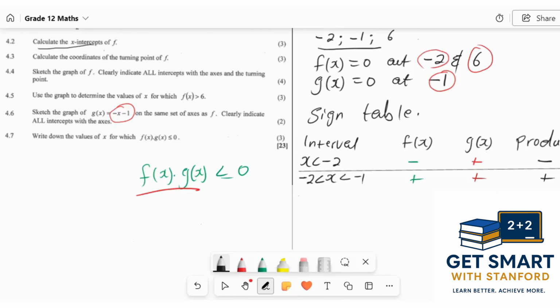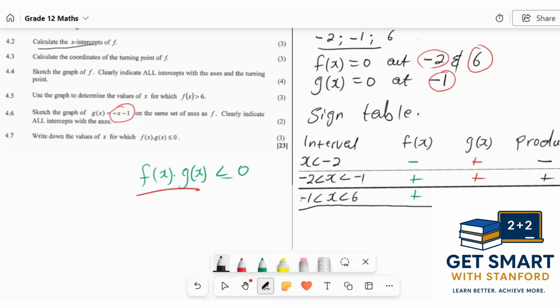And at this interval, let us again divide here and see if we can get a good line there. At minus 1 less than x less than 6, the graph of f is going to be positive, the graph of g is going to be negative, and the product therefore is negative.